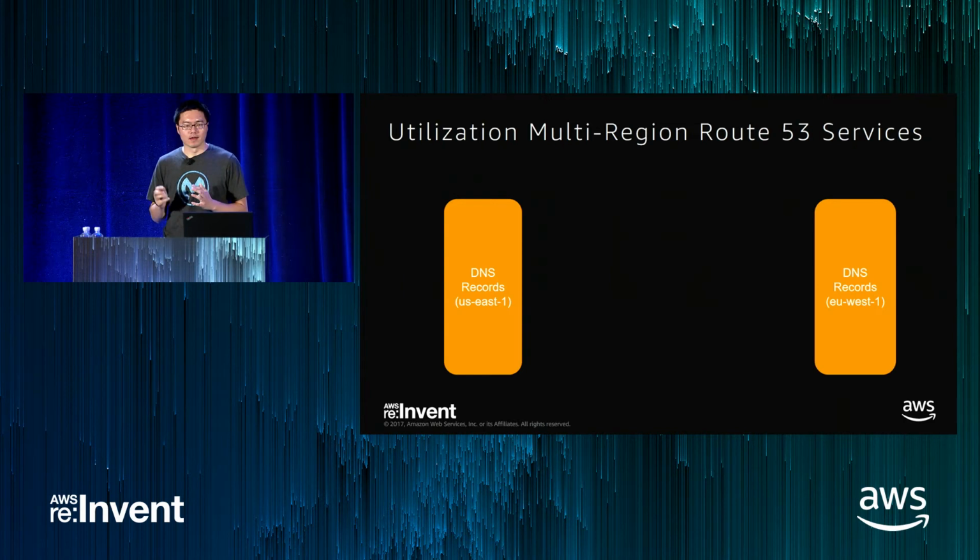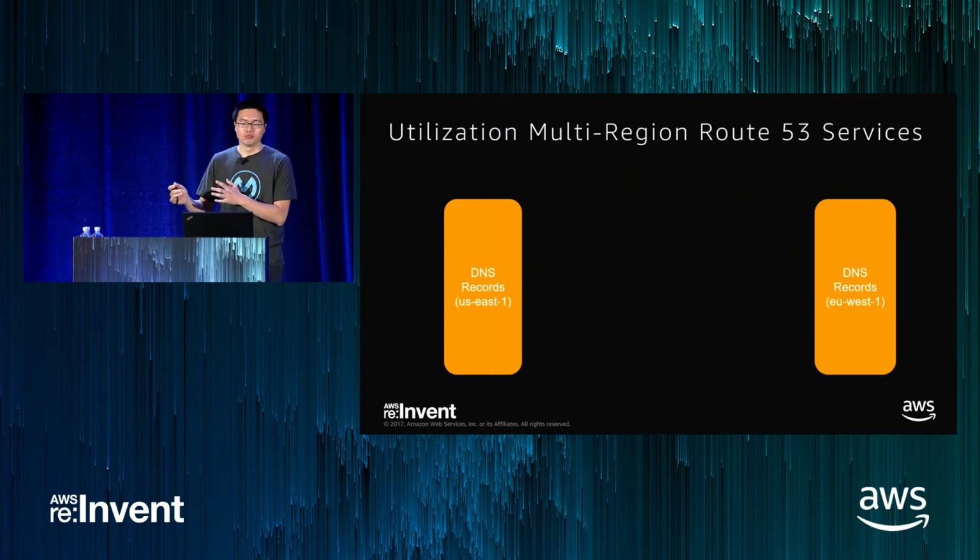So here is the implementation of our use of the multi-region Route 53 service. There are two Route 53 API servers, one in US East and one in EU West.